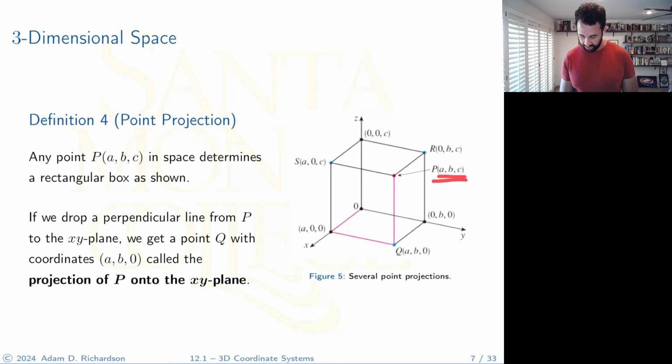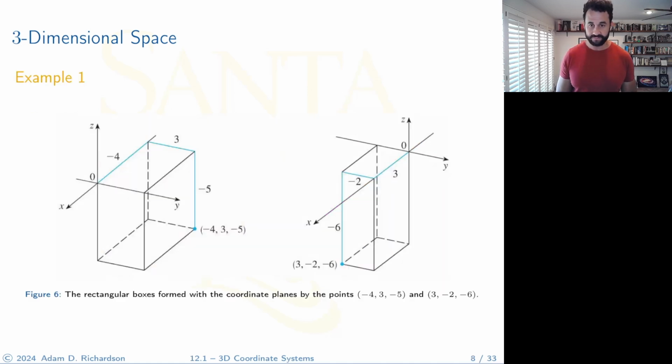So notice this point right here is the point ABC. Well, if we project it downward to the xy plane, we're basically taking the z coordinate and making it 0. So then we get this right here. This point Q is the projection of P onto the xy plane. There you go. You can also project it onto the xz plane like so. You could project it onto the yz plane like so. Those are just called point projections.